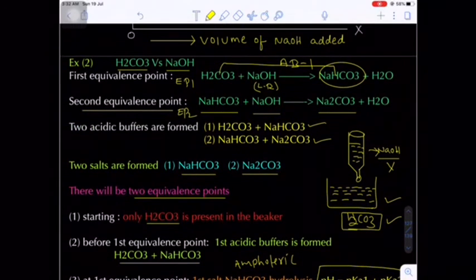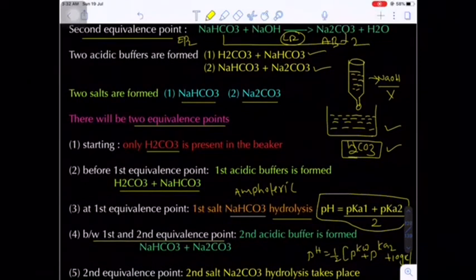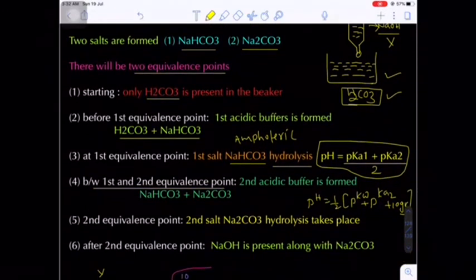Okay. Now before going to the second equivalent point, in between the first equivalent and second equivalent point, what happens? Again NaOH will be the limiting reagent, and NaHCO3 will combine with NaOH to give Na2CO3. That means you will get the second buffer solution. This is the acidic buffer solution 2.